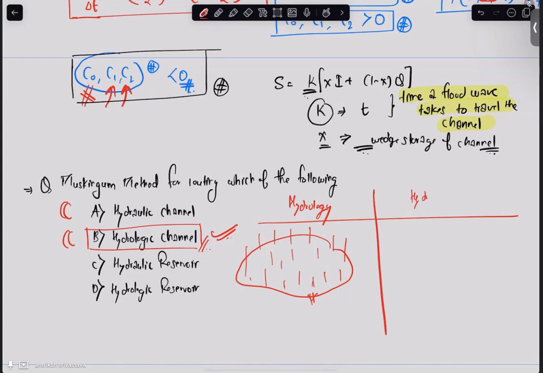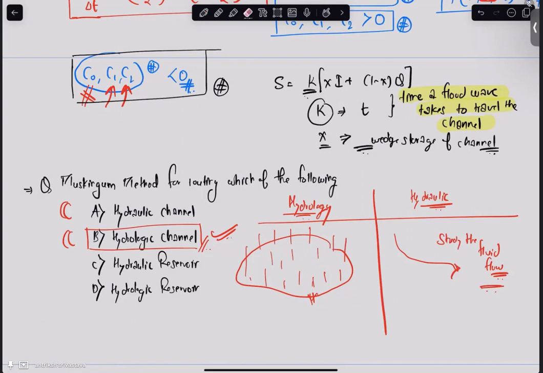In hydraulics, we try to see how the fluid is flowing. What are the reasons for the fluid to flow? What are the forces that are affecting the fluid flow? So here we try to study the fluid flow, all the forces, all the frictions and everything related to that.